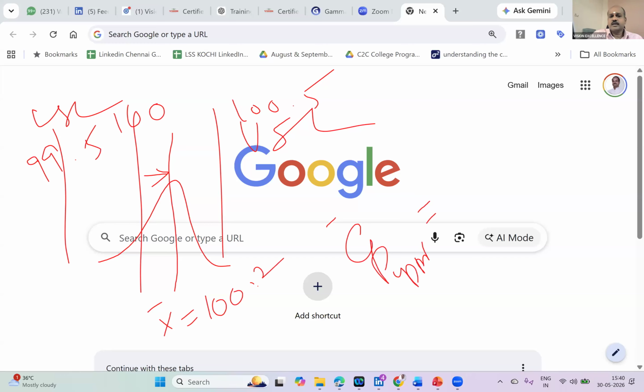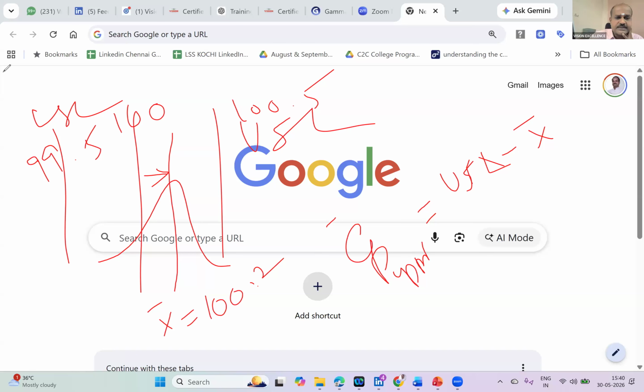Now, you have to find out the difference between the upper spec and your process average. Upper spec is USL. Process average is X bar. Are you seeing it on my screen? The difference between upper spec and process average.